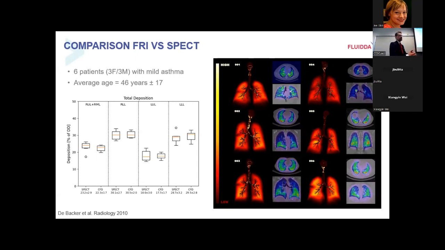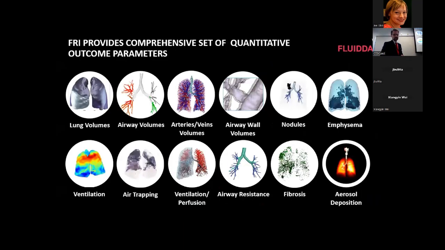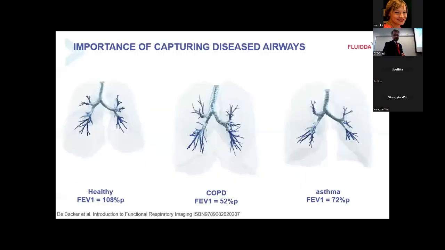So that really provides confidence that what you see in these in silico models that are fed by the patient-specific data provide results that you could also expect to see with the more advanced clinical tests, in this case, the SPECT-CT. So FRI provides quite a comprehensive set of parameters that provides insights into the lung diseases and also the deposition of these inhaled drugs.